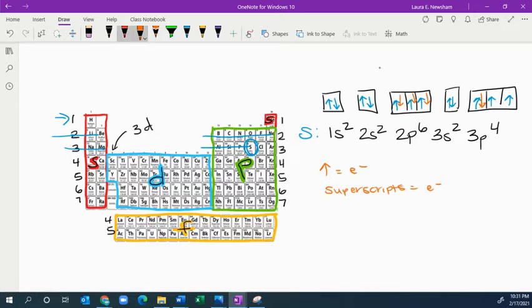Let's do a quick review of valence electrons here. So this is my highest occupied energy level. So the third energy level is my highest occupied energy level. Highest or outermost.